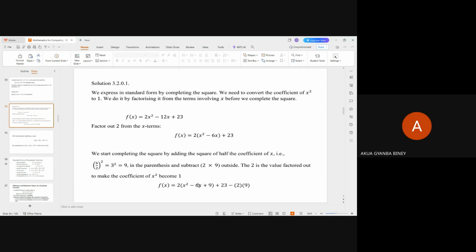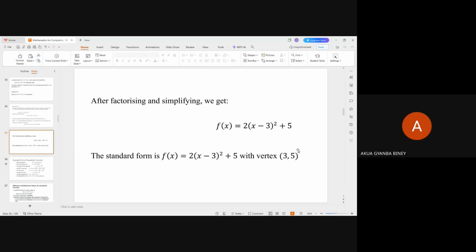and then he will do a factorization of what is given. You get 2 numbers that when you multiply, you get 9, and when you add, you get minus 6. And it is what? Minus 3. Minus 3 minus 3 will give you minus 6. Minus 3 multiplying minus 3 will give you positive 9.